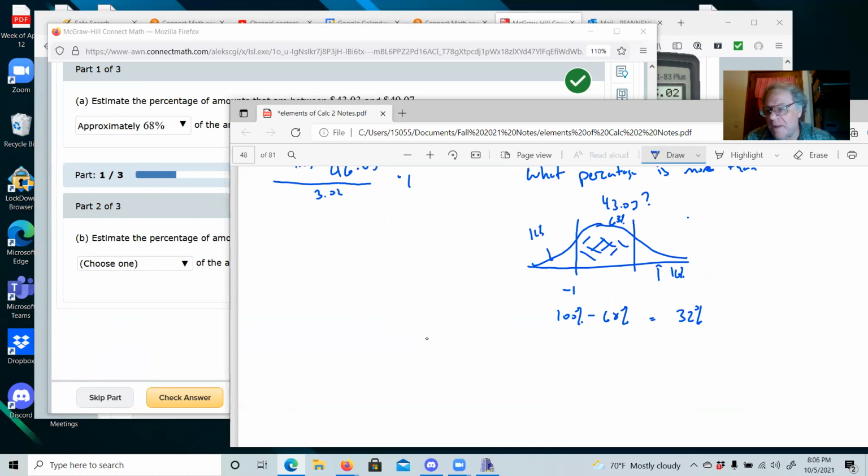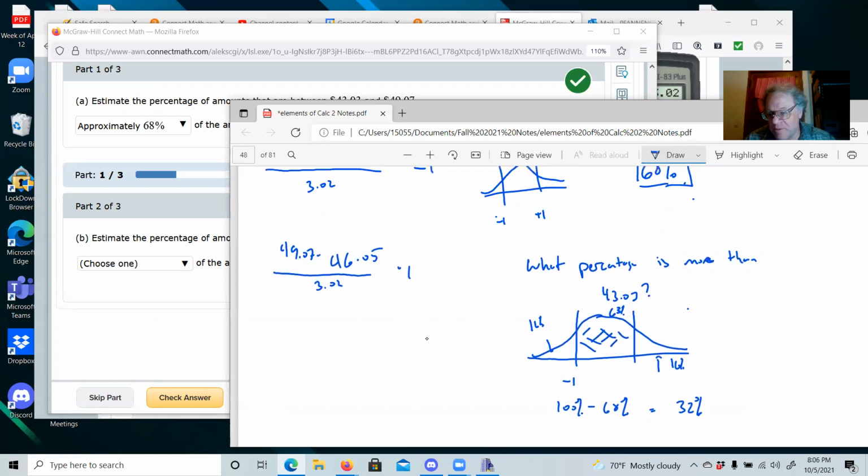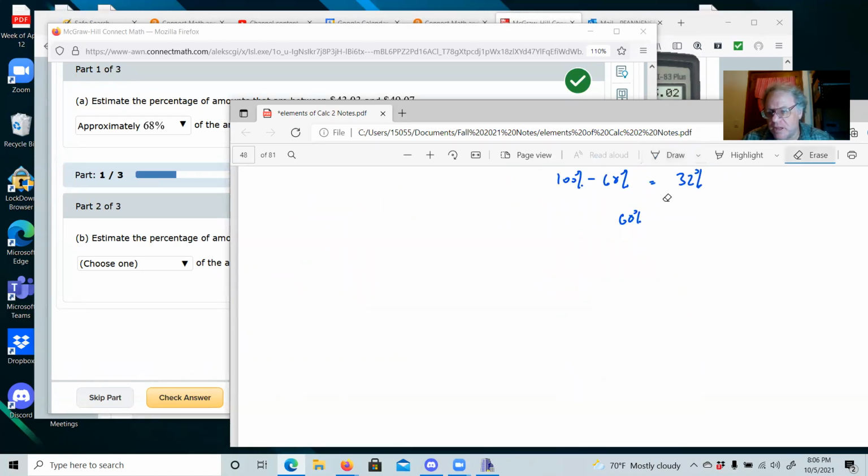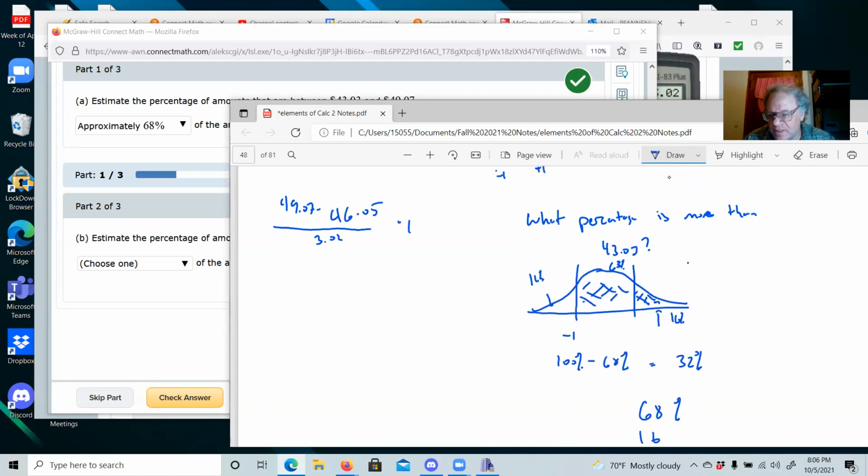So if I just want to know how many people spent more, that would be all of the shaded stuff over here, right? That would be the 68%. Let me write that a little bit bigger. That would be the 68% here, plus the 16% that is this spot up here, because it's bigger.